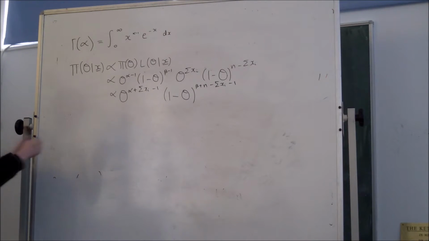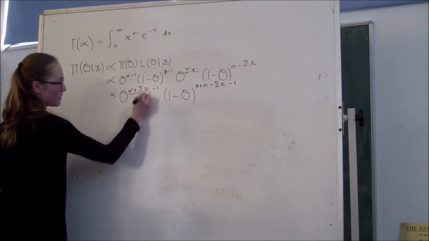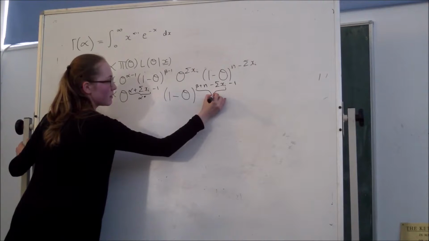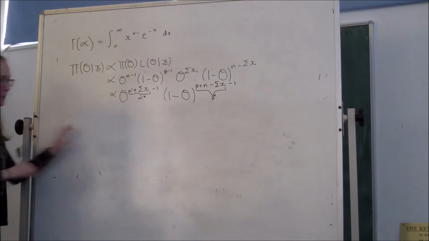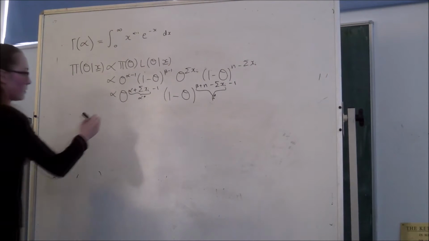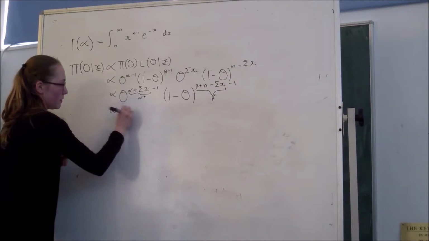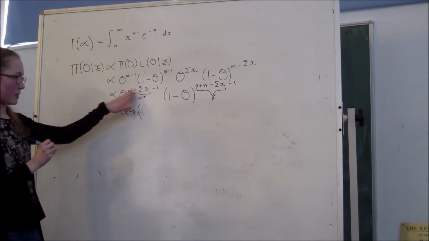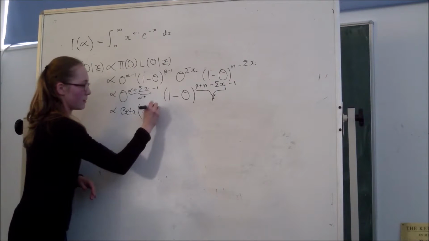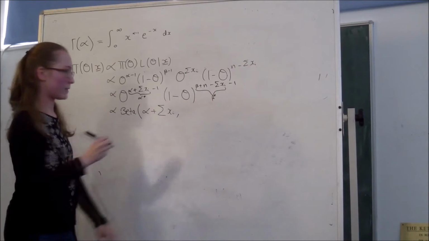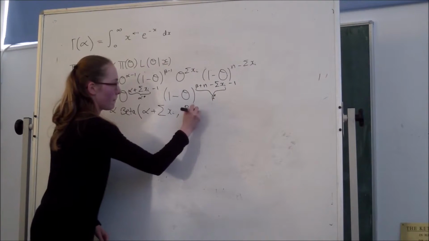Yes, beta. So if you call this alpha star and this beta star, then we've got theta to the power of something minus 1 times 1 minus theta to the power of something else minus 1. So this is proportional to the beta distribution, and our first parameter is alpha plus the sum of the xi's, and then our second parameter is beta plus n minus the sum of the xi's.